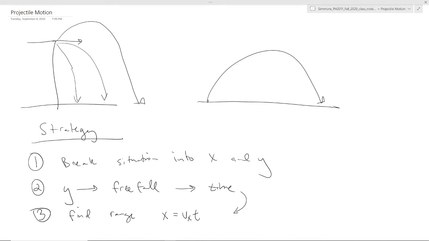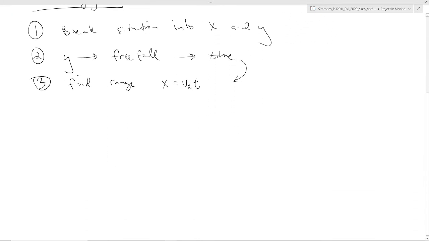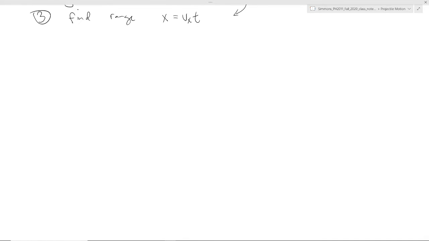Okay, so we can get more sophisticated about this. For example, let's talk about something called the range equation. This is one simple scenario.